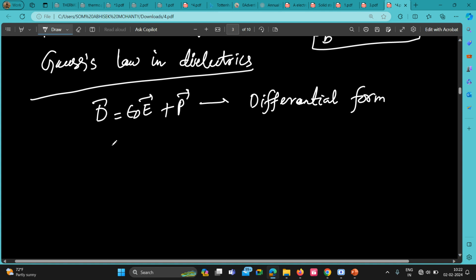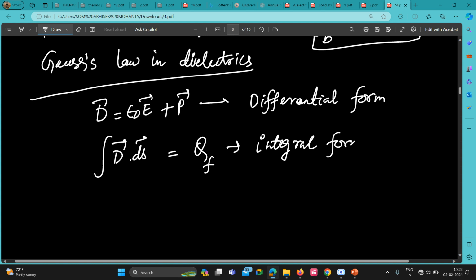And the closed integral of D dot ds is equal to Qf; this is called the integral form.